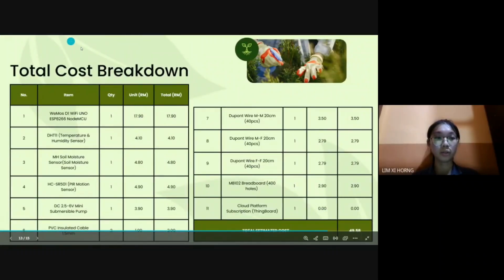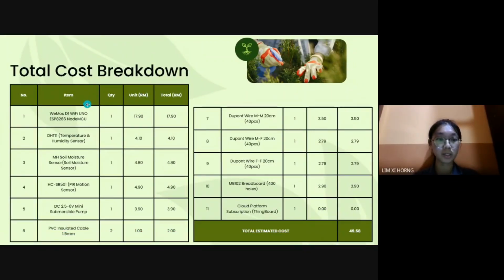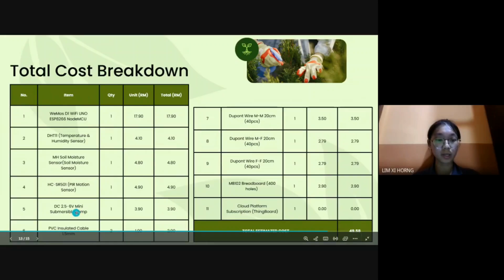So this is our total cost breakdown in our project. The first one is the MCU, which is 17 ringgit and 90 cents. The next one, temperature humidity, is 4 ringgit and 10 cents. Next is soil moisture at 4 ringgit and 80 cents. Motion sensor is 4 ringgit and 90 cents. The mini pump is 3 ringgit and 90 cents. The PVC cable is 1 ringgit.